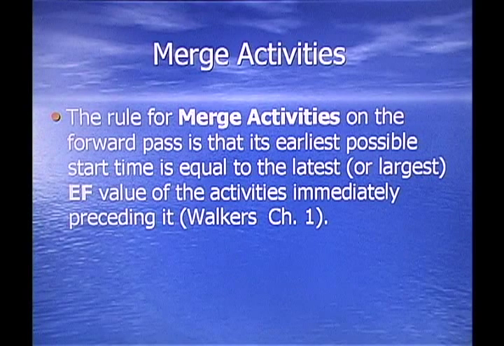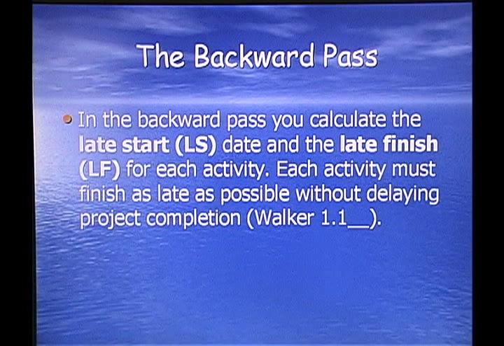Merge activities. The rule for merge activities on the forward pass is that the earliest possible start time is equal to the latest or largest early finish of the value of the activities immediately preceding this activity. The backward pass. In the backward pass, you calculate the late start date and the late finish date for each activity.